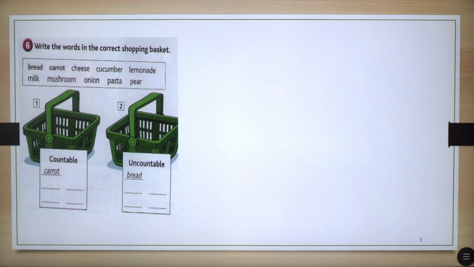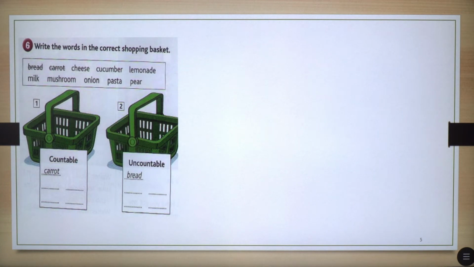So you know even in Albanian that some nouns are countable and some nouns are uncountable, which means countable ones you can count by 1, 2, 3, 4, and uncountable ones, you can't count them with 2, 3, 4. So let's try together to figure out which one is countable and which one is uncountable, and write them down in these baskets.